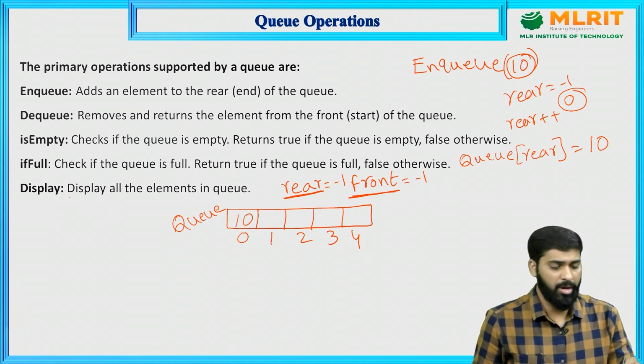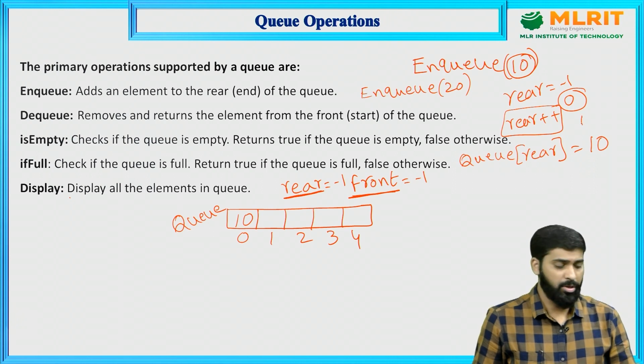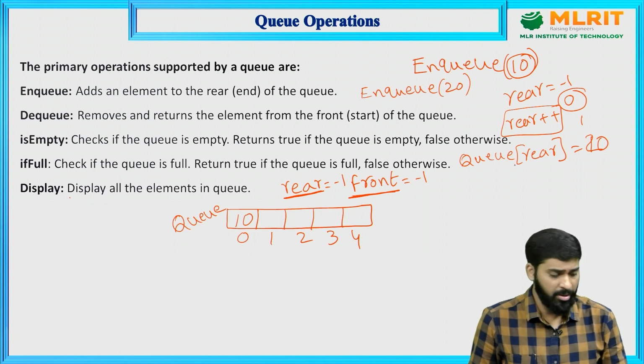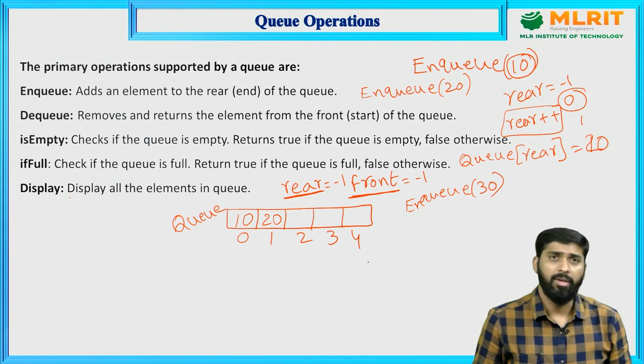Next, again if I call NQ 20, now again rear plus plus, the rear value becomes 1. So Q of rear equals 20. So 20 is inserted in Q of 1. Again if I insert NQ 30, same rear plus plus, it becomes 2. Now Q of 2 equals 30.